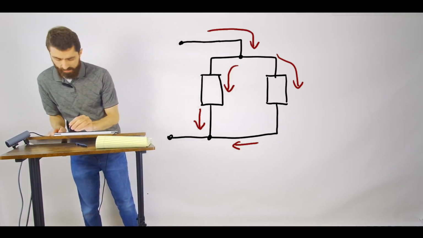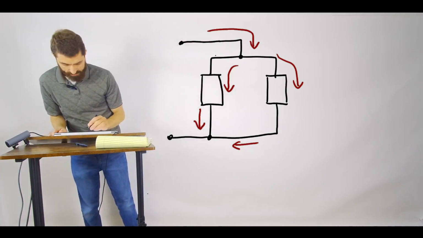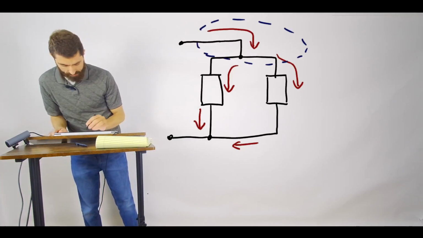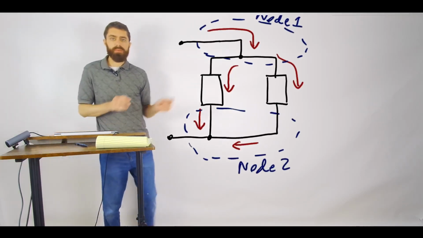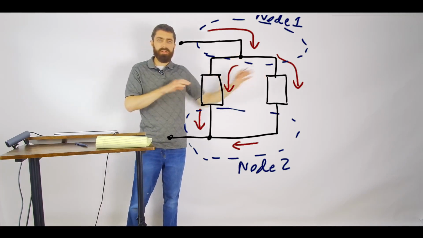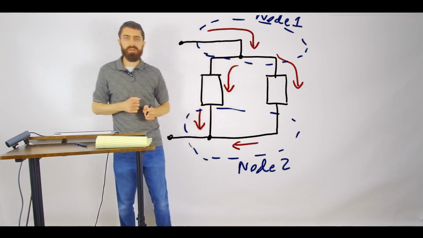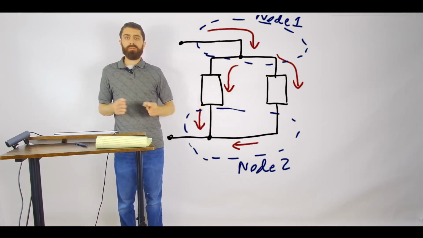So you could call this node 1, and this is node 2. Because both components are connected across the same nodes, they're in parallel.